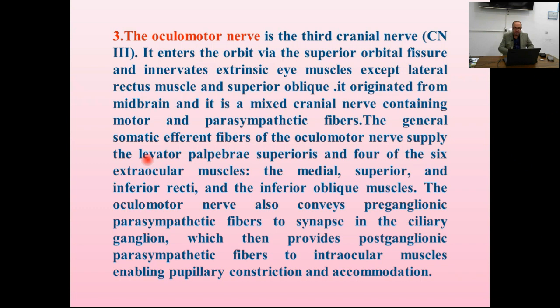The oculomotor nerve also conveys preganglionic parasympathetic fibers to synapse in the ciliary ganglion, which then provides postganglionic parasympathetic fibers to the intraocular muscles, enabling pupillary constriction and accommodation.